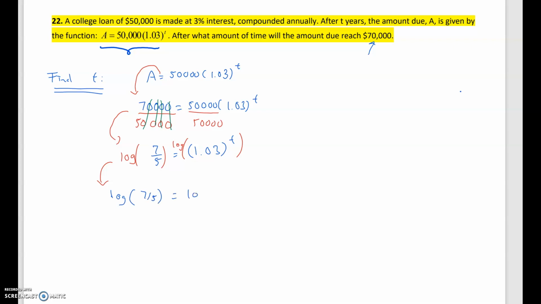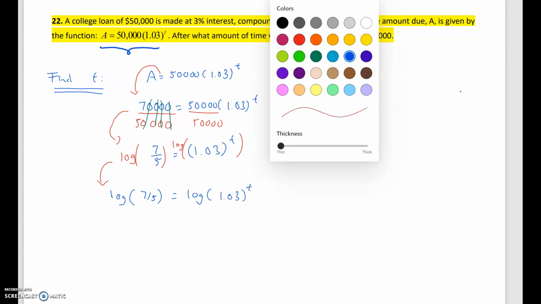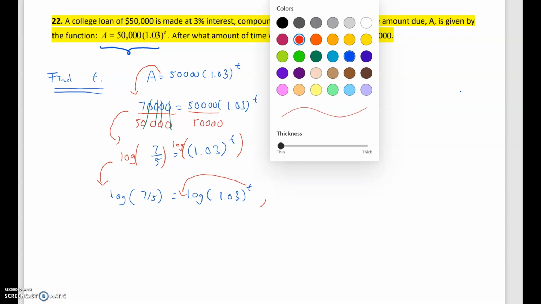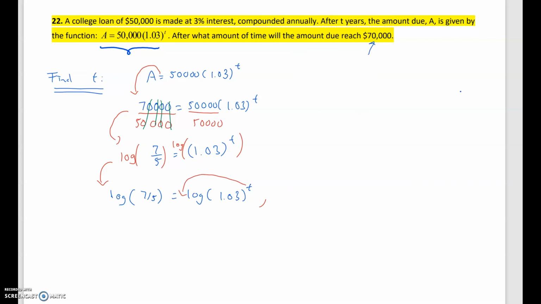This is equal to the log of 1.03 to the T. And then at this point, we can actually drop the exponent. The property that I'm using says that the log of r to the x is equal to x times the log of r.